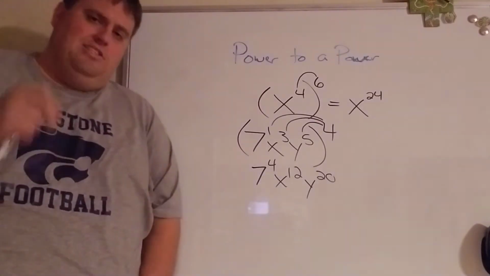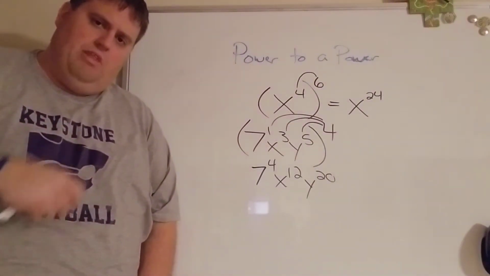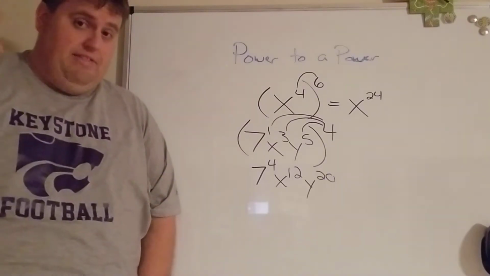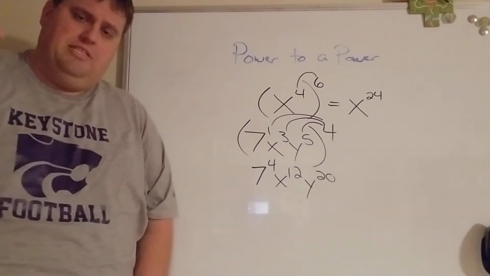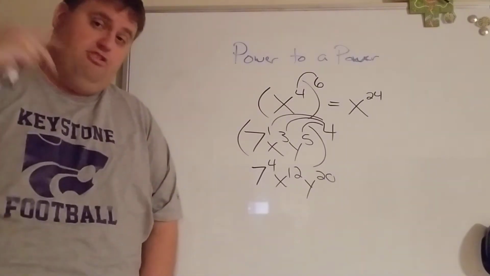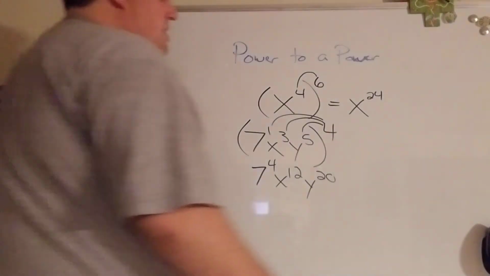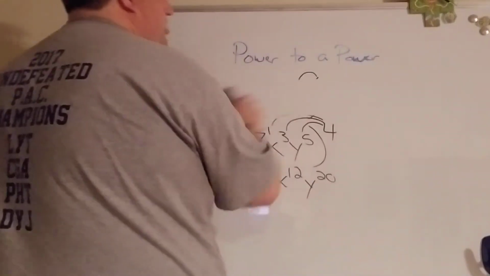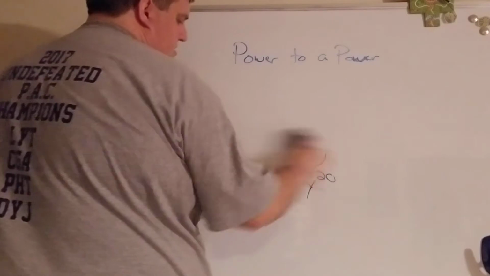All right? It's always multiply. The parentheses is always what helps me. I see the parentheses and I think multiply, distribute, right? They go together. Another one that's kind of tricky is fractions.